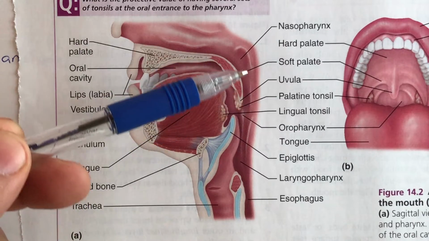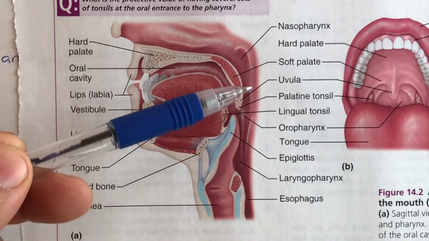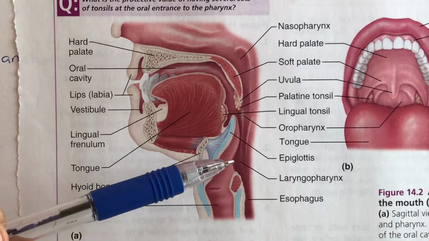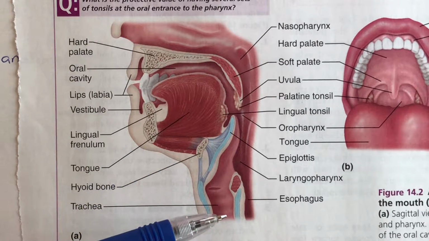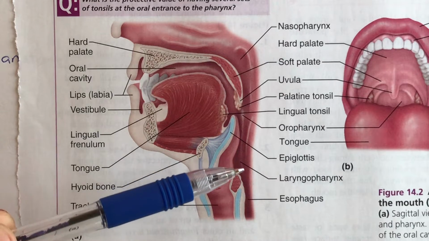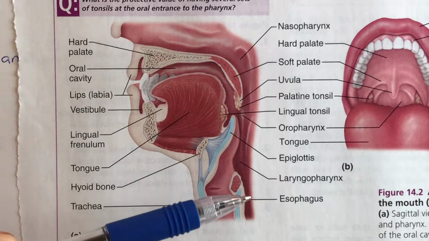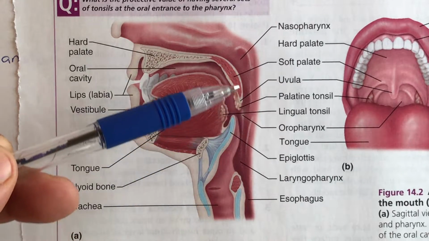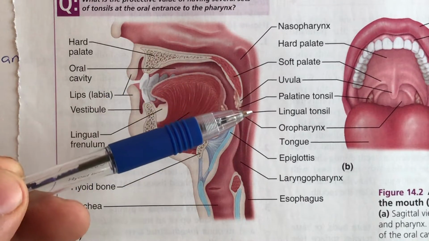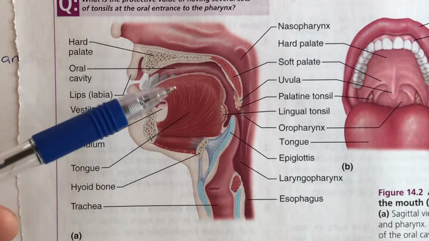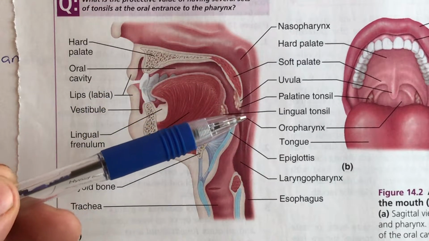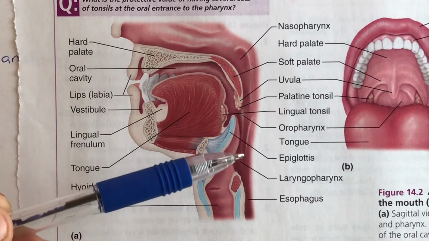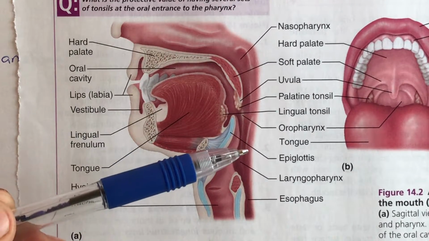It's another cavity, another space that connects where only air should go, and where food and water and air should go. This is our nasopharynx. This is our oropharynx. Oro for oral, mouth. And then finally our laryngopharynx down here.